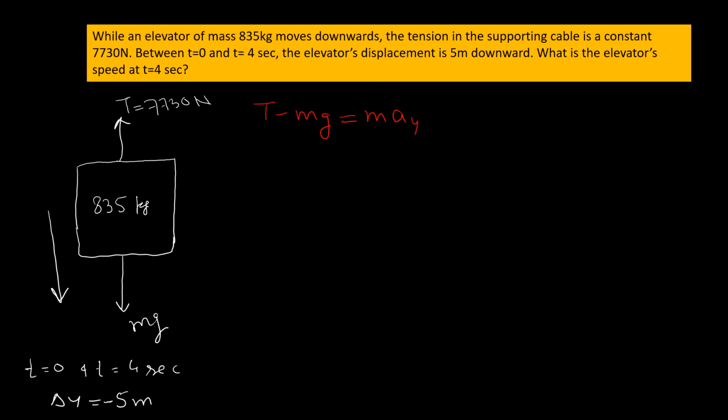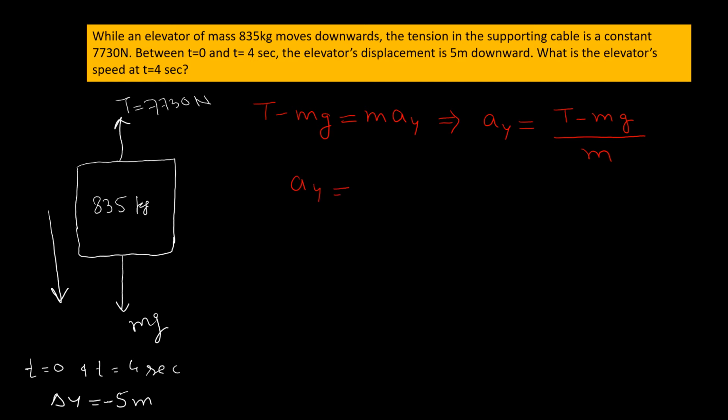From this equation we can get ay, the acceleration acting on the elevator, and that will be T minus m times g, divided by m. So we'll just substitute these values and we'll get the acceleration.